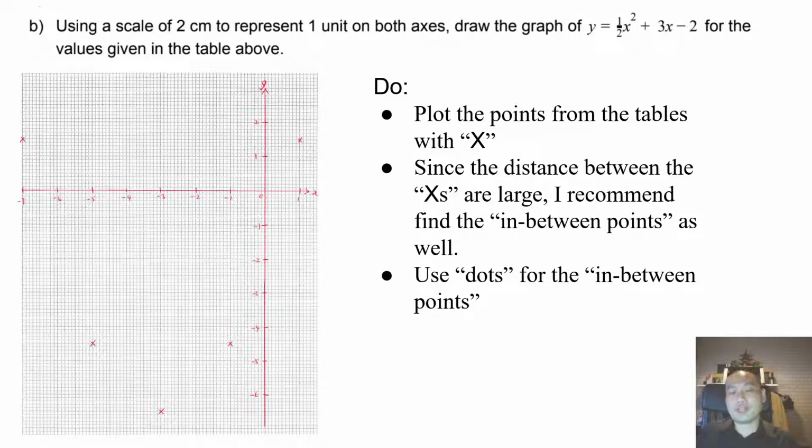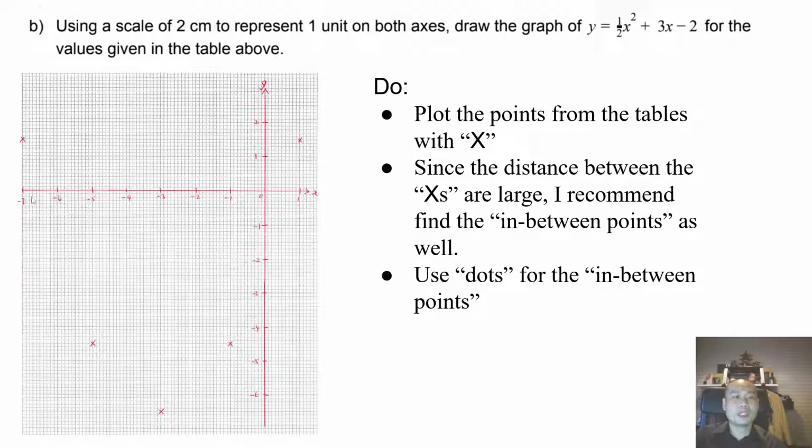So how do we increase accuracy? That's why I chose this example, because sometimes we realize we only have 5 points, and if you want to draw a nice curve, 5 points is often not enough. So we need more points. How do we get more points? For all the other points where the x value is not given, you can repeat the process and substitute it into the function.